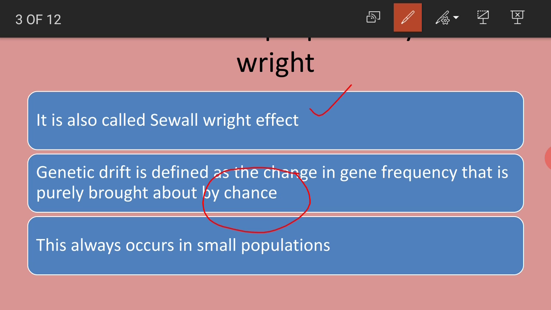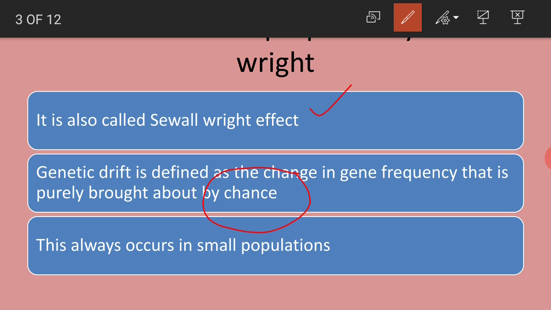Whereas small populations are comparable to very minute units. So a small change will also leave a perceptible change in small populations. So genetic drift occurs only in small populations but not in big populations.